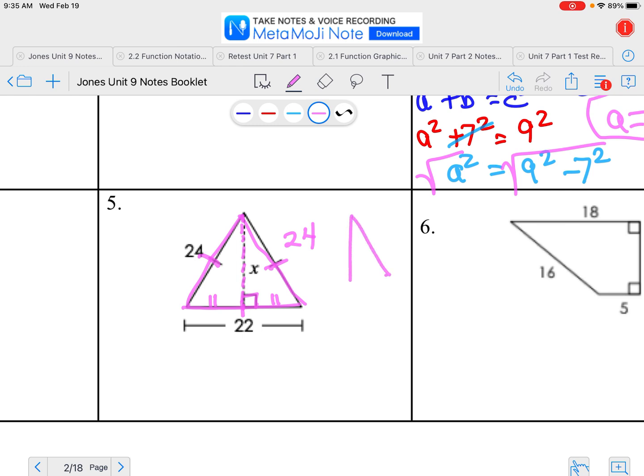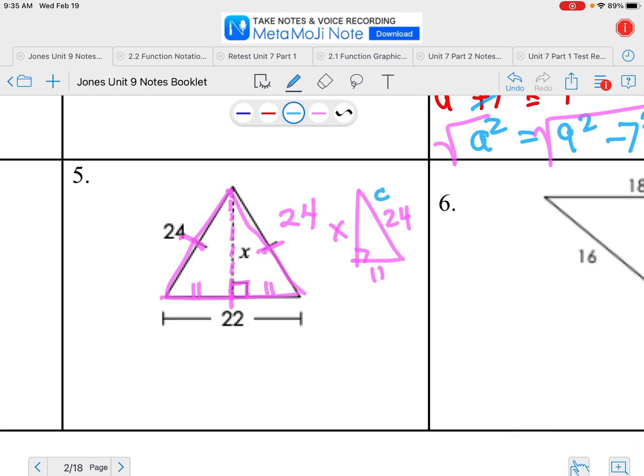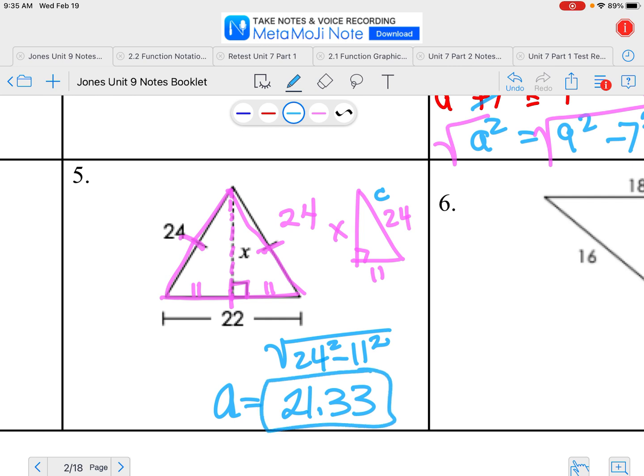So if I'm looking for X, I've got this right triangle here where this is C. So when I know C, the hypotenuse, the biggest, that's when I subtract under the radical shortcut here to get the missing side. So A or B or whatever you want to call it is 21.33. Now, it has to be smaller than the hypotenuse. So if you get a bigger number than the hypotenuse, you did something wrong.